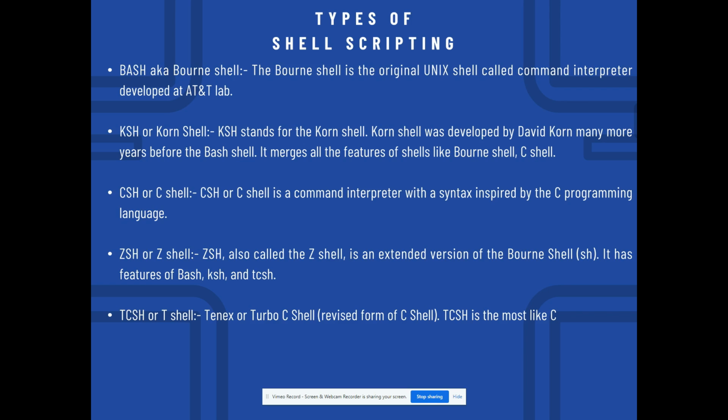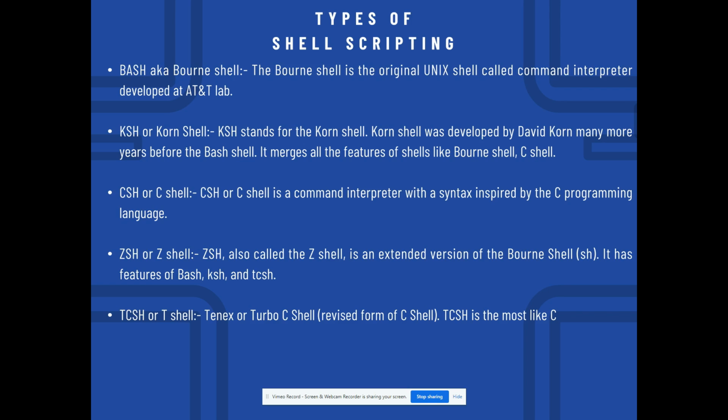The next one we have is CSH. As the name suggests, it's basically a command interpreter, and it has taken its syntax inspired by the C programming language. The next one is ZSH, or people call it Z shell, and it's an extended version of bash or Bourne shell, and it has all the features of bash, KSH, and TCSH.